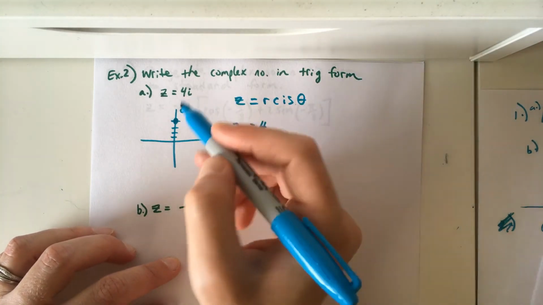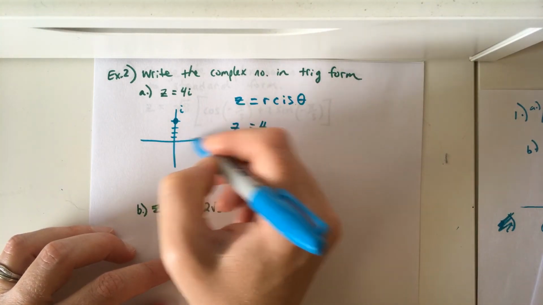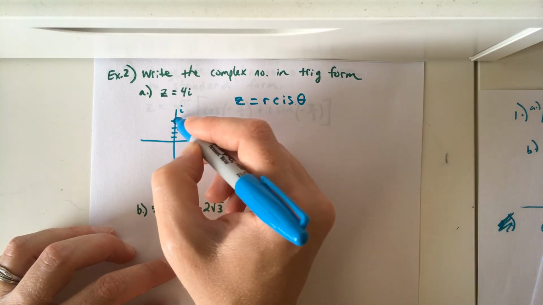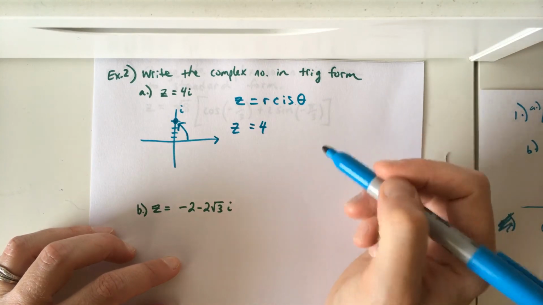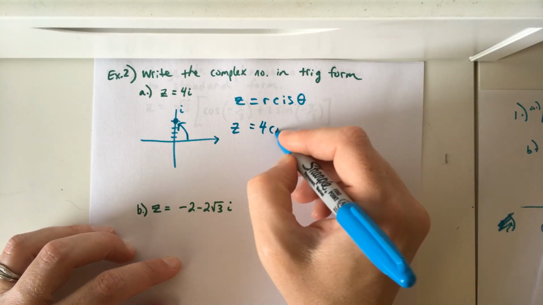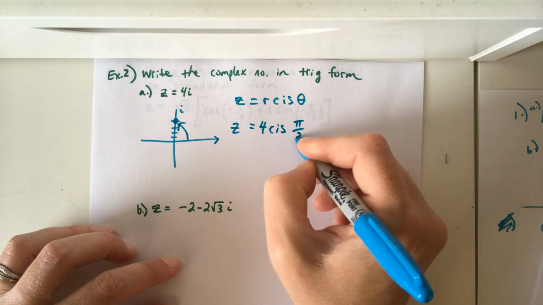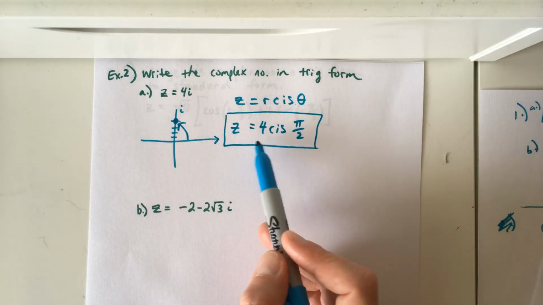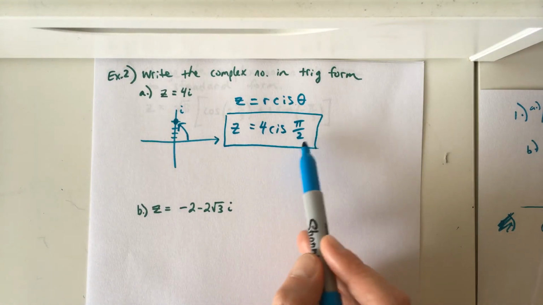Theta is the angle. Well, the angle from starting position to this point right here is the angle pi over 2. So this is an example where we can just plot the point and look at it to figure out the radius and to figure out the angle created.